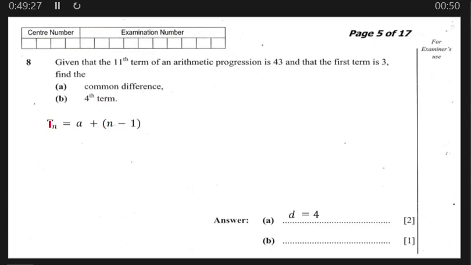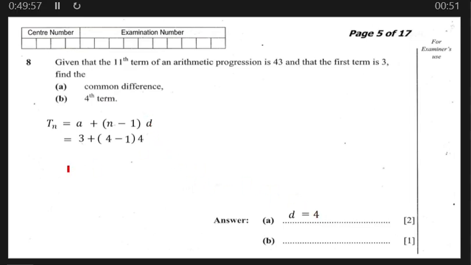Now we have to find this at position number 4. So here it is still 3 plus open brackets, position. This one represents the position. All right, so which position? 4th, minus 1.